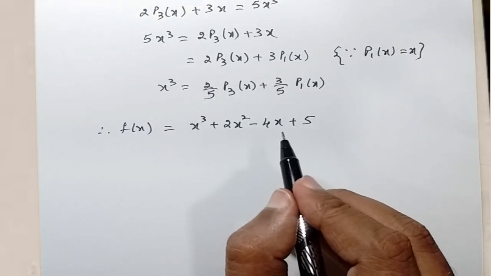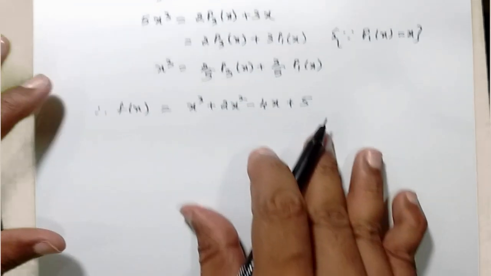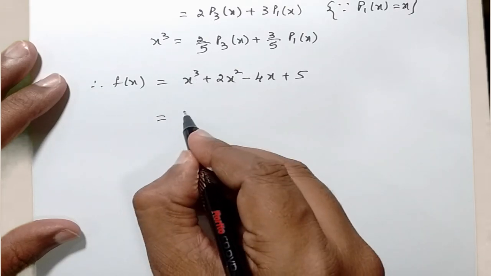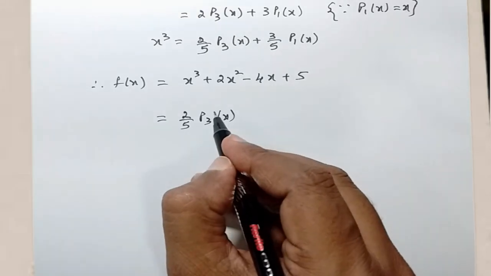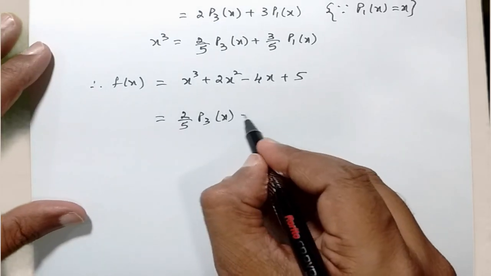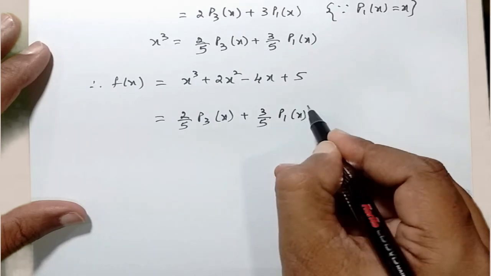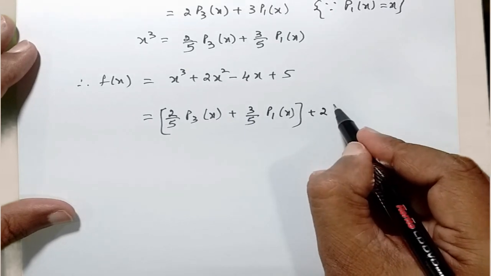Alright, so if you try to rewrite this expression here, I can plug in the value of x cube to be 2 by 5 P3 of x plus 3 by 5 P1 of x plus 2 times x square, whose value we have already calculated.